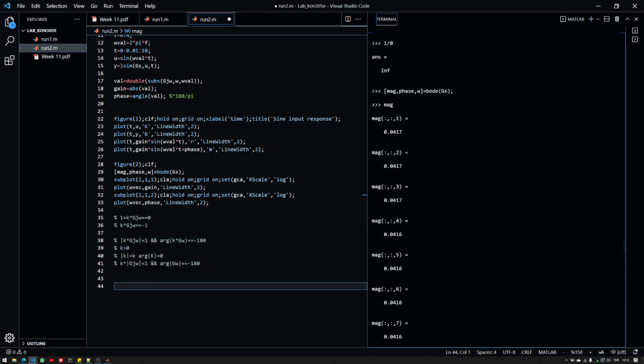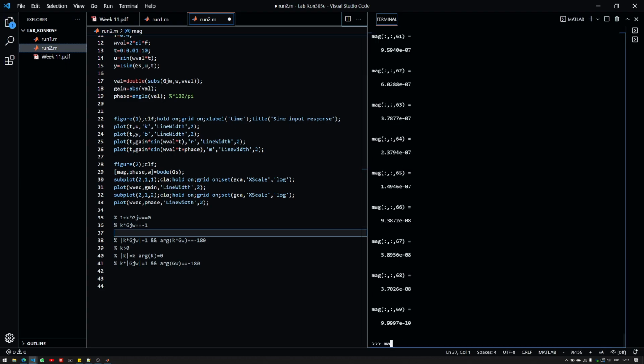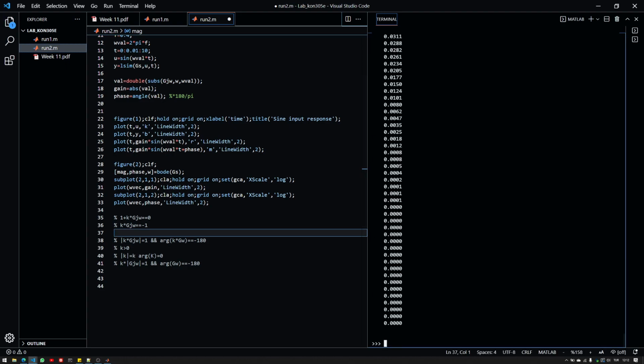So yeah, we can get rid of that by using magnitude and then maybe something like this, or we can use the squeeze function, which squeezes out the unnecessary dimensions of a multi-dimensional vector or matrix, basically.